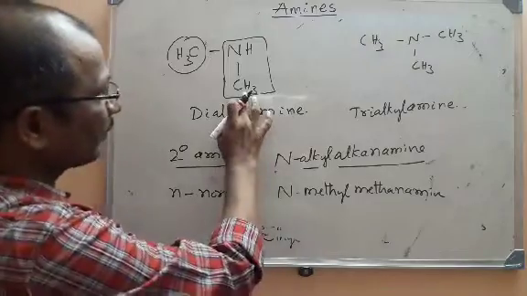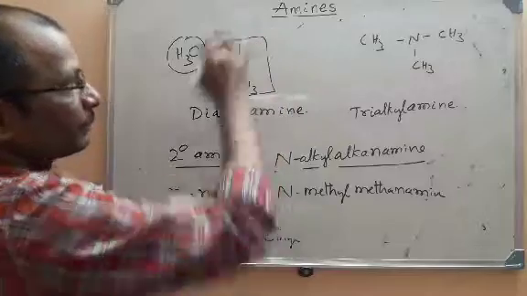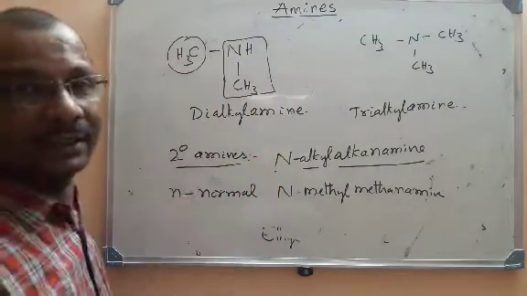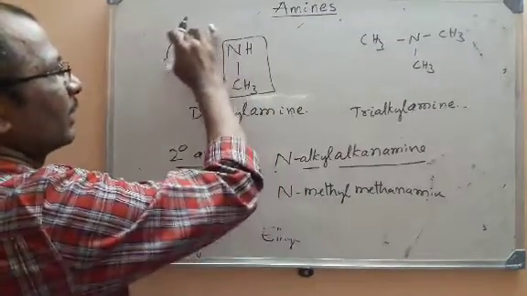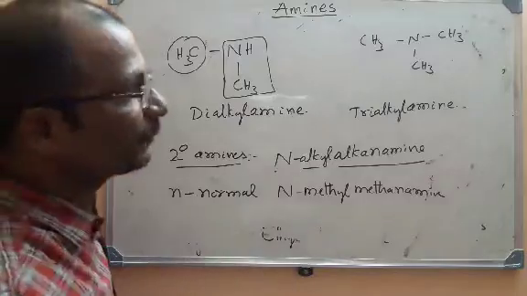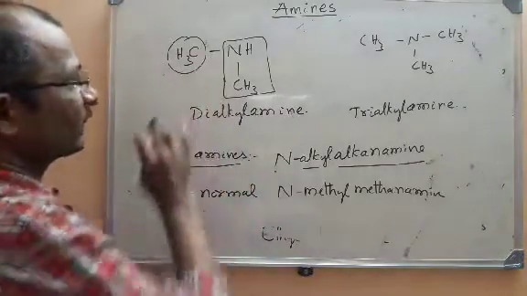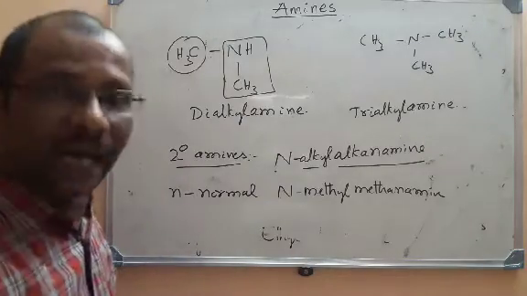Always the substituent alkyl group should have fewer carbons than the parent amine. If the same number of carbons are there, you can take any one as the alkanamine and the other as the alkyl group. If we have different alkyl groups, that is a mixed amine, then the one with fewer carbons is taken as the alkyl group and the other one is taken as the alkanamine.